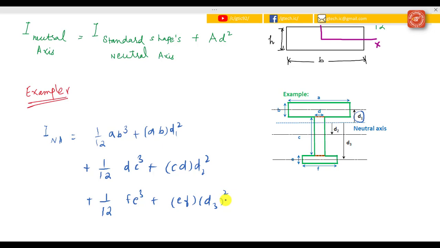So that's the total moment of inertia for the composite shape. As we go forward with actual examples, we will put the numbers in and calculate a value for the moment of inertia. Thank you.